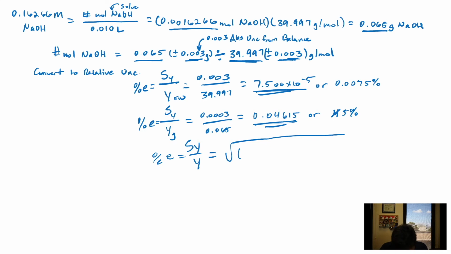Again, I like to use scientific notation to keep things short. 7.5 times 10 to the negative 5 squared, plus the 0.04615 squared. And that should give you a relative uncertainty of 0.04615. Okay, cool.